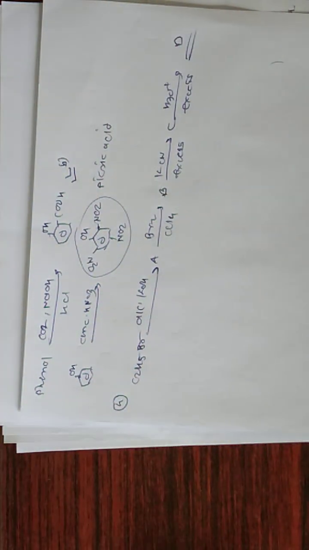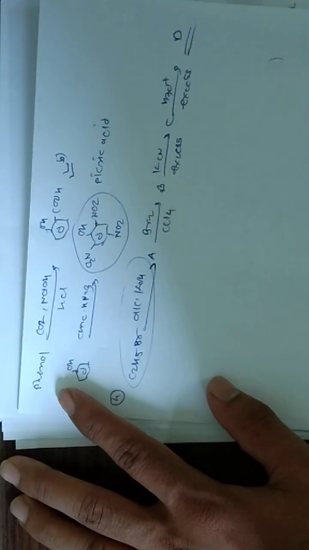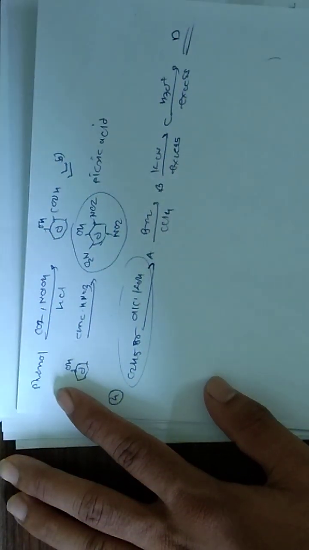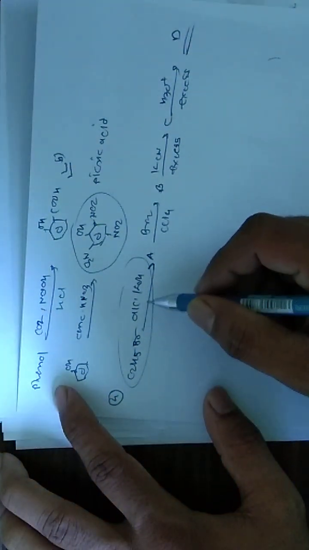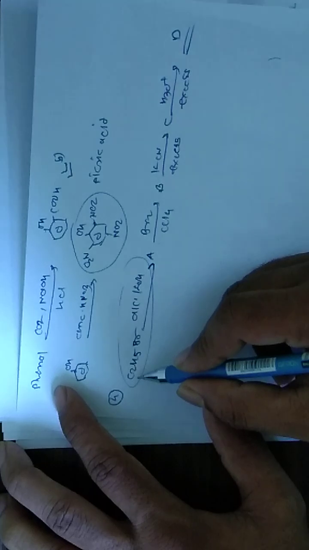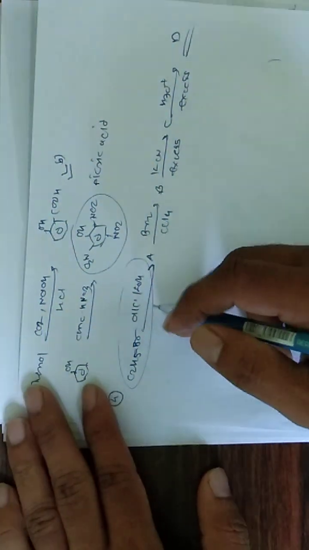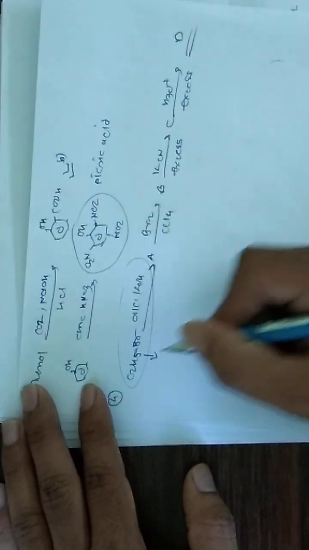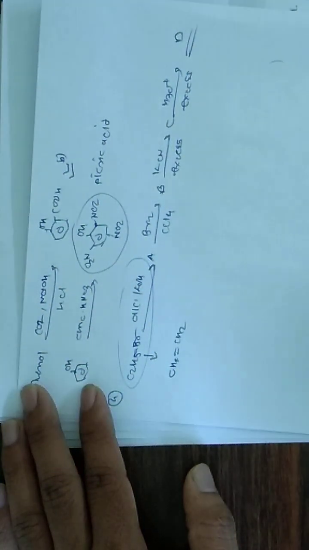In the previous video, a question depending on that concept was also asked. So here what will happen? Elimination occurs. Proton from the beta carbon and the bromine is knocked out. So formation of a simple alkene, CH2=CH2, occurs.